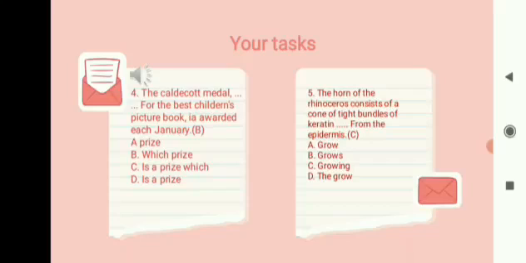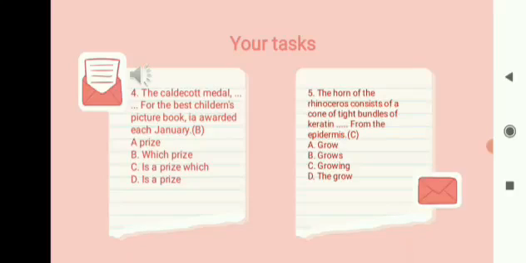The most likely appositive is B, which price. The word price here is a noun. Therefore, if you find the word which, then it must be followed by is or an auxiliary.